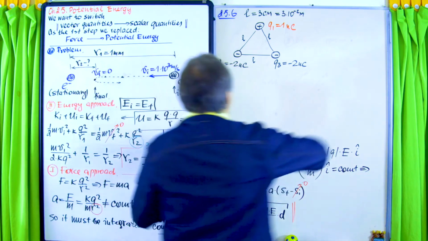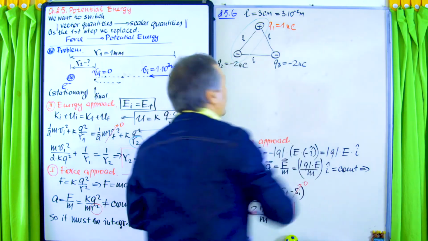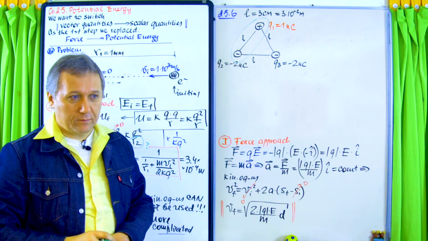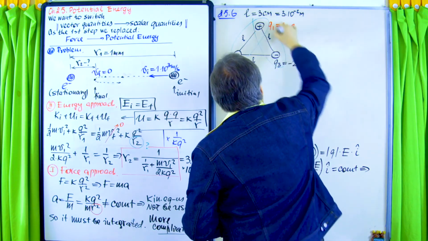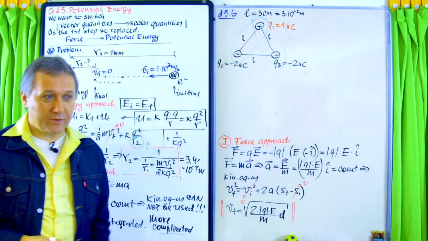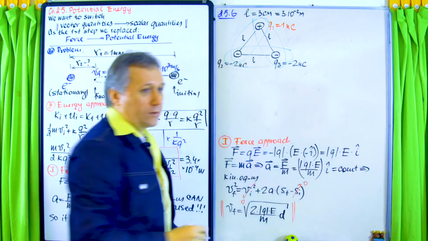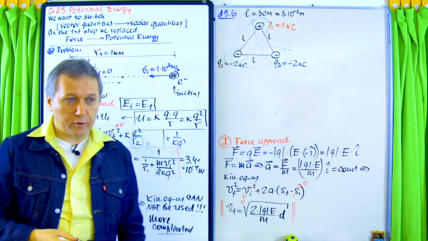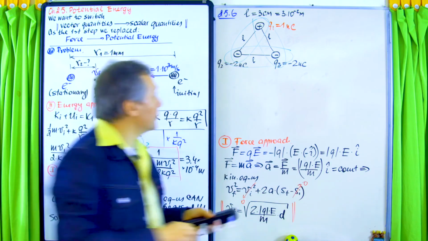So first, the first pair of charges, Q1 and Q2. Then Q1 and Q3, the second pair, second expression. And then Q2 and Q3, the third pair, again giving their contribution to the total potential energy. So we will just have 3 terms.